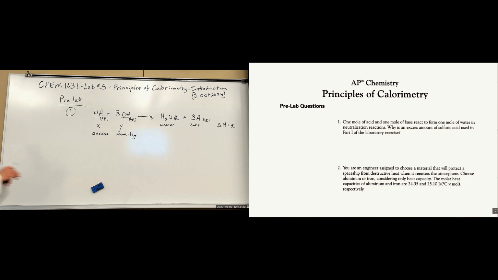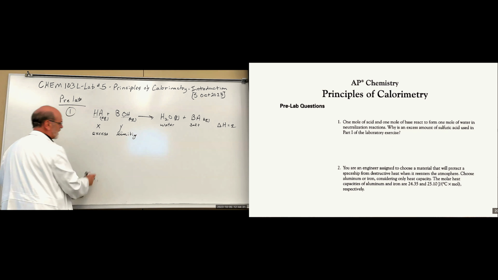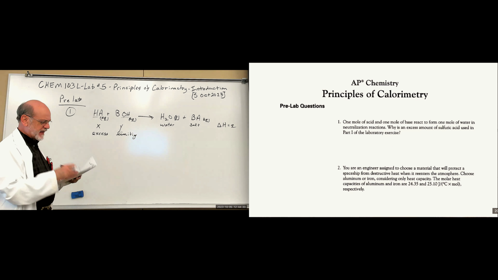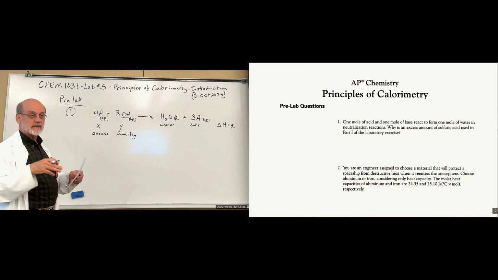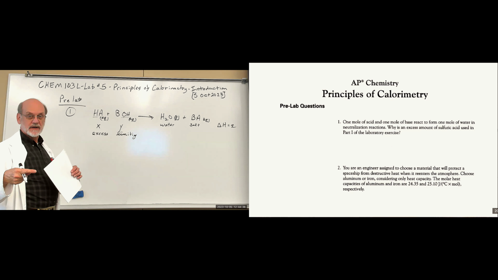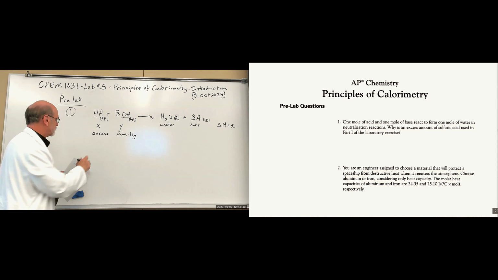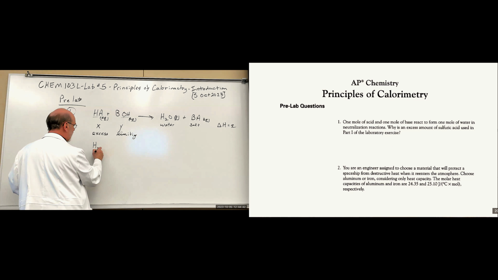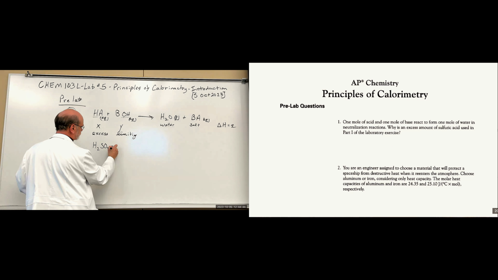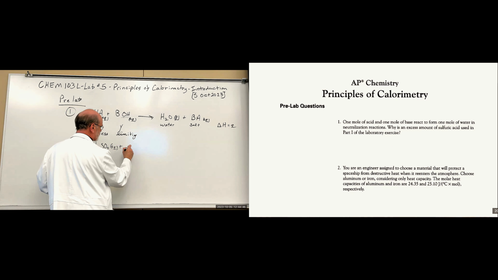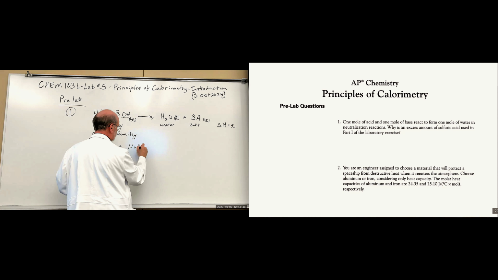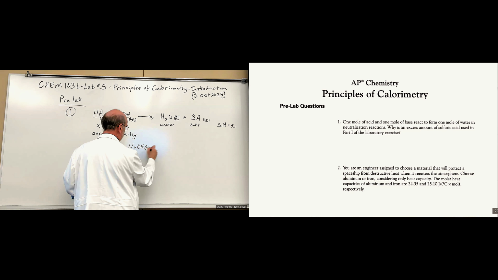Now, of course, might as well while we're here. One of the steps in the procedures is going to use acid and base. I hope you've at least read through it. We're going to have a certain amount of sulfuric acid combined with a certain amount of sodium hydroxide base.